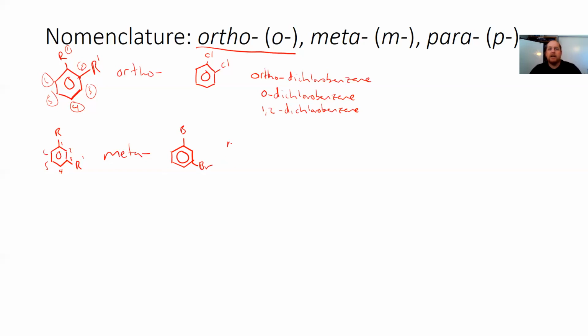So this would be meta-dibromobenzene. Okay, or little m dash dibromobenzene, or 1,3-dibromobenzene.